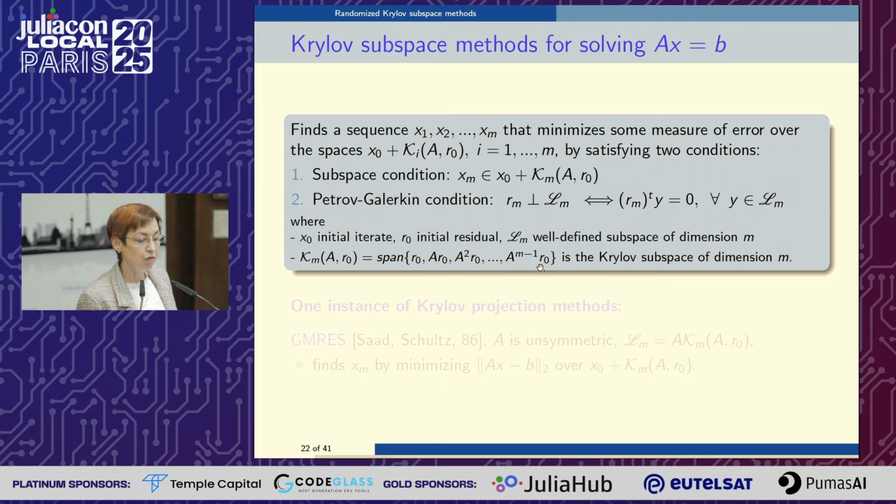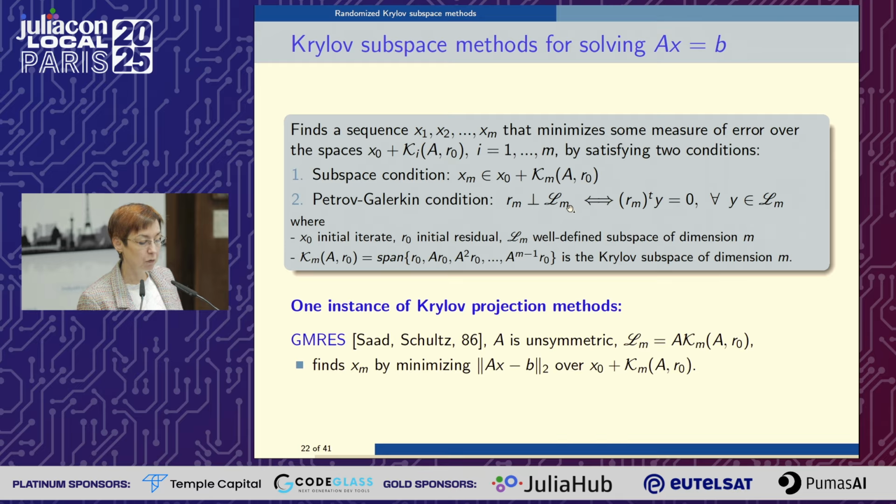And then we find a solution to our problem by imposing two conditions at each iteration. The first one is a subspace condition that the approximation xm belongs to x0 plus the Krylov subspace, and the Petrov-Galerkin condition, which imposes that the residual is orthogonal to a well-defined subspace Lm.